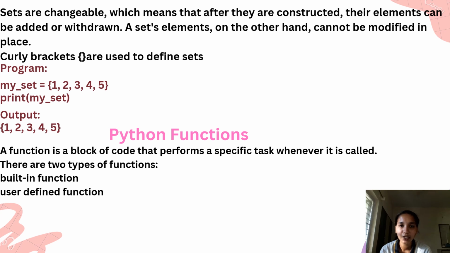A set's element, on the other hand, cannot be modified in place. Curly braces are used to define sets. Program: my set = 1, 2, 3, 4, 5. Print my set. Output: 1, 2, 3, 4, 5.